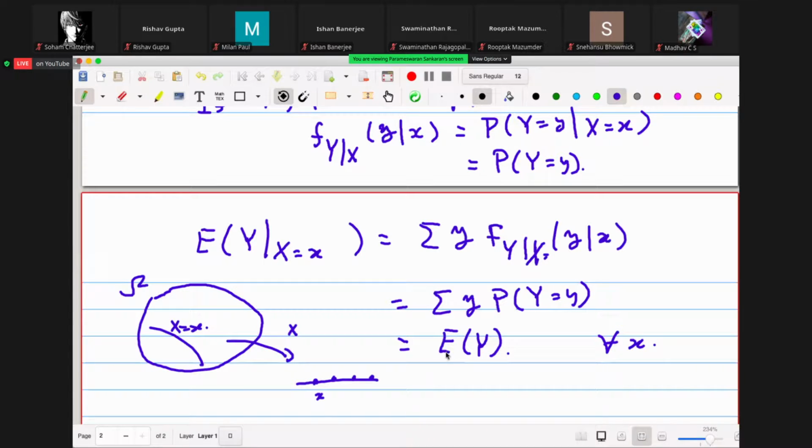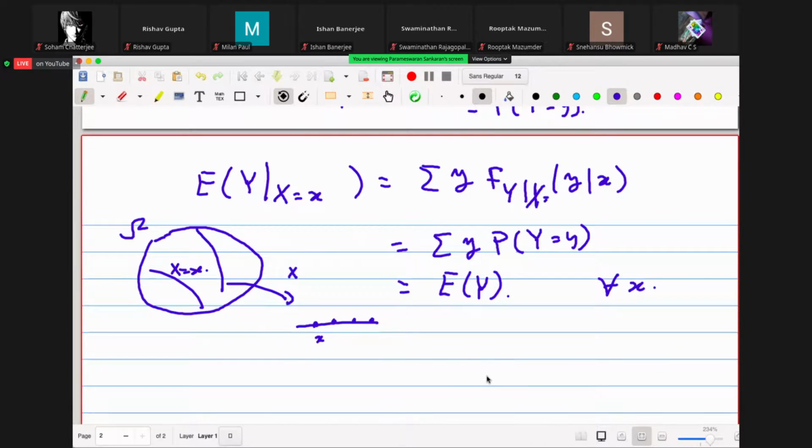And on each one of these, it returns the same value, the same constant, which is independent of x. So you take another, maybe x naught, maybe you have another. You see this whole set omega is partitioned into subsets given by capital X equal to x, as x varies in the image of capital X. And on each one of these sets, this is a constant E of y.